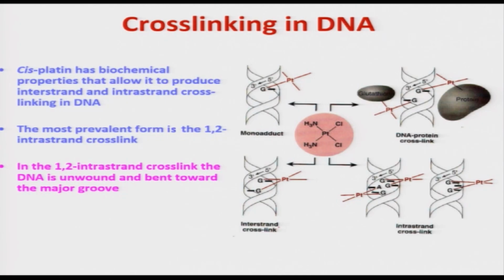Both intrastrand cross linking and interstrand cross linking are possible, as you can see over here, and monoadduct formation and DNA protein cross links are also possible conformations. Although the intrastrand cross link product is the major product, we will talk about this in detail. In the most prevalent form of the 1,2 intrastrand cross linking, the DNA is unwound and bent towards the major groove.